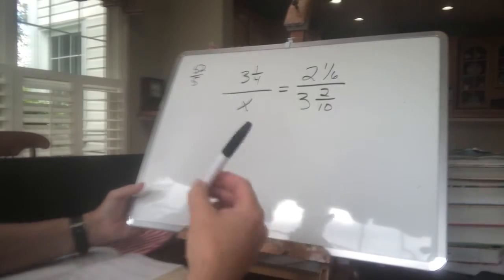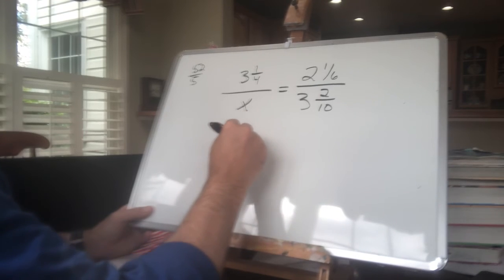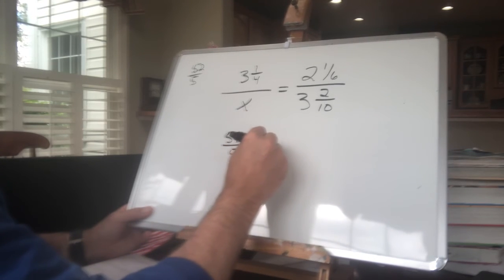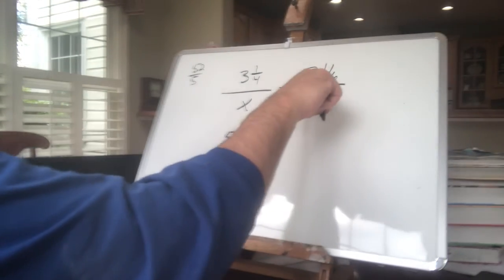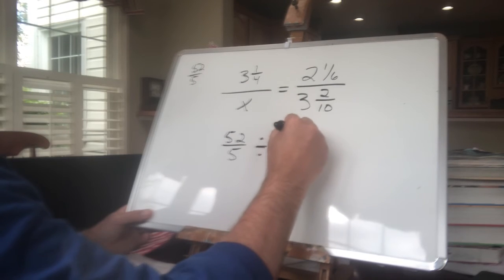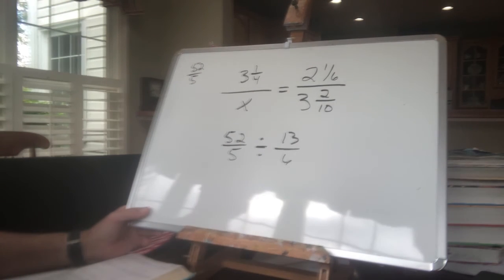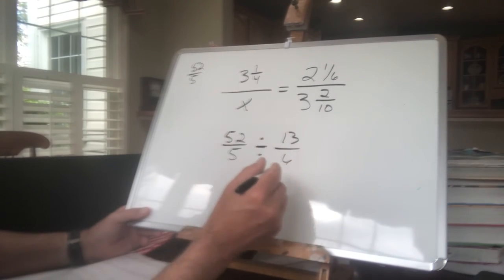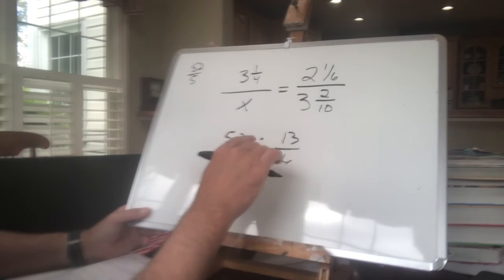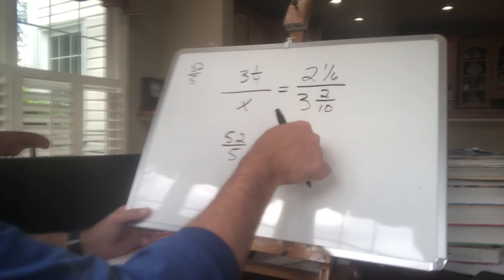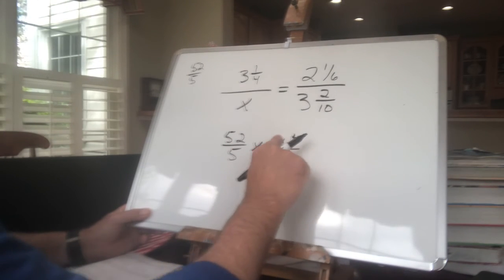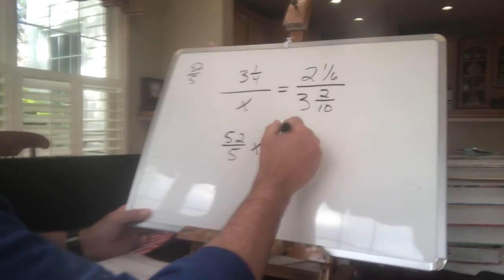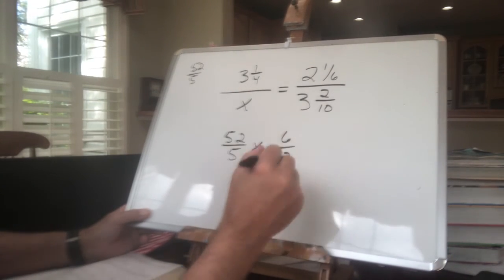I am going to take 52/5 divided by 2 1/6. I need to make that into an improper fraction. That would be 13/6. I can't divide these two fractions the way they are, so I'm going to make it into a multiplication by flipping the second one, taking the reciprocal of 13/6, which would be 6/13.